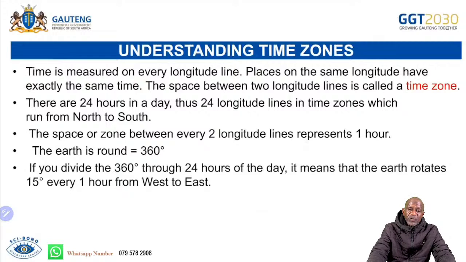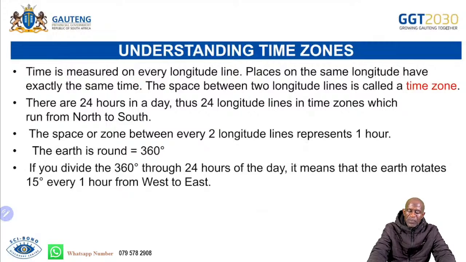Now, what do you need to do to understand time zones? So our subtopic indicates understanding time zones. What is a time zone? In explaining a time zone, one could say time zones refers to the time which is measured on every longitude.